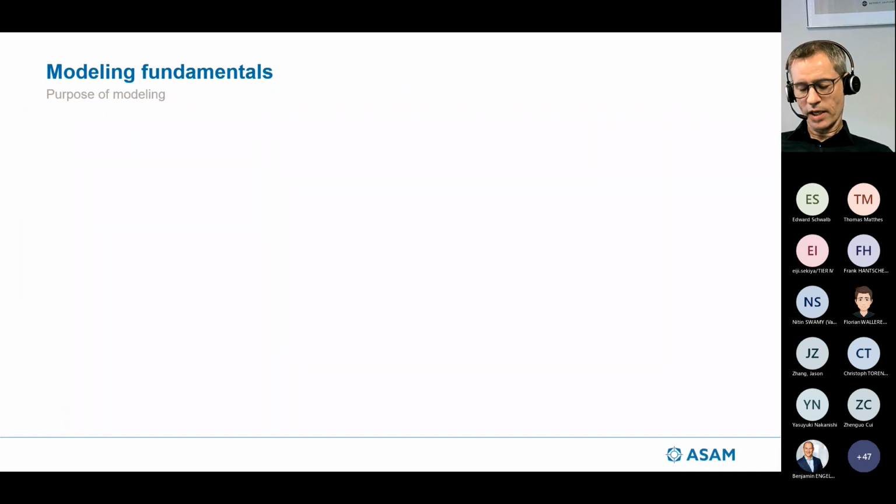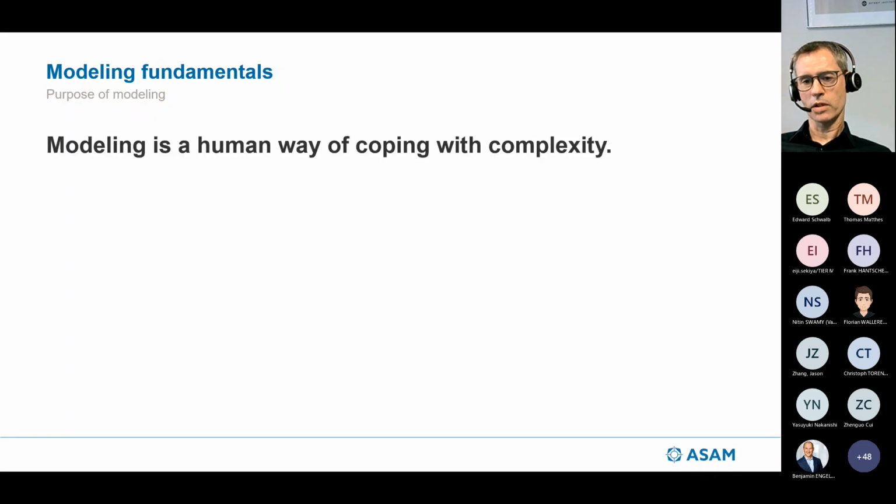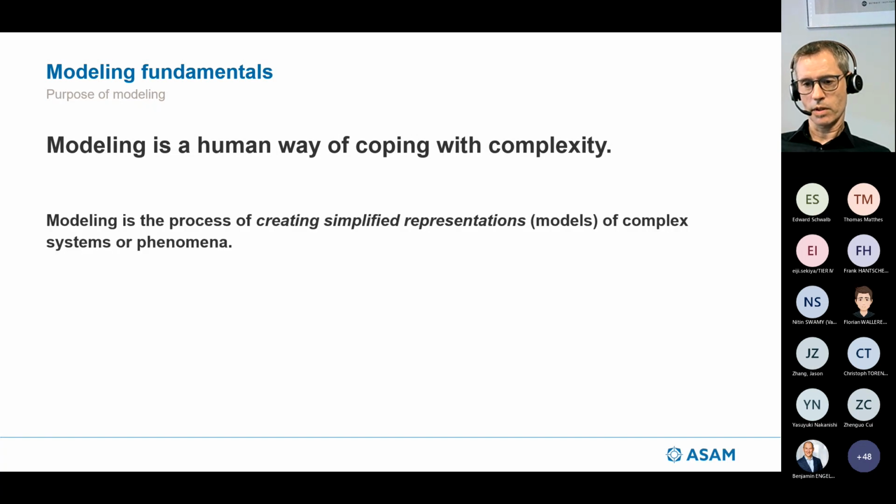So first, let me introduce the purpose of modeling. When we talk of modeling, we are always talking about a human way of coping with complexity, which means whenever we are faced with a complex system we want to talk about, we need some simplified representations, which are called models, of this complex system or phenomena.